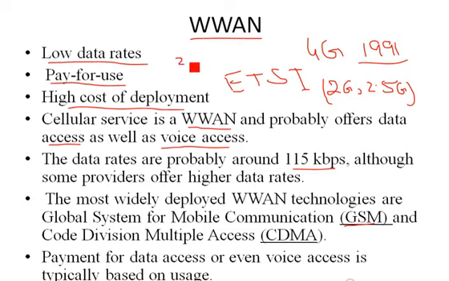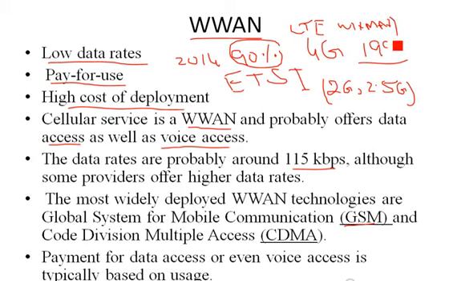In the future it will decrease because we now have two very popular 4G technologies, LTE and WiMAX. These are in the deployment stage, or in some countries already deployed, so they will replace GSM.